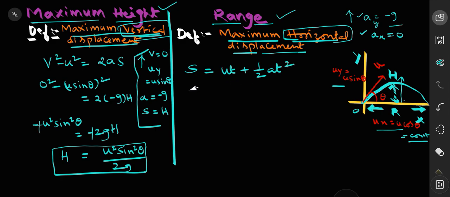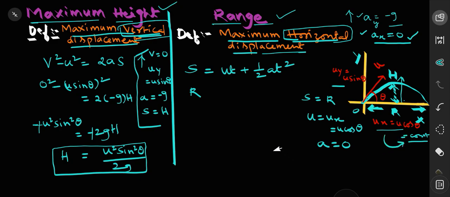Here S is replaced by r, since the displacement is along the horizontal. This horizontal maximum displacement is range, and u is along the x-axis, ux, which is equal to u cos theta, and along the horizontal the acceleration is equal to 0, because the velocity component remains constant.